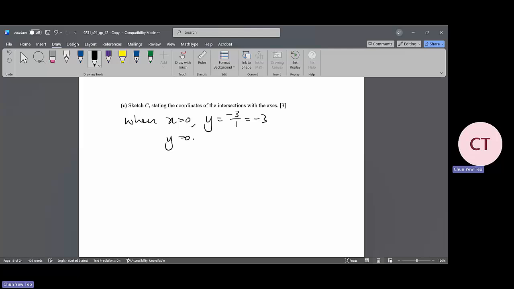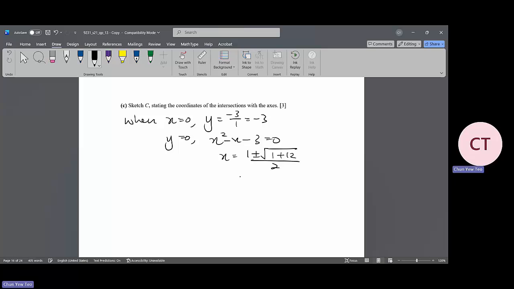And when y is equal to 0, that means your numerator is equal to 0. This one, we cannot factorize it, so we need to use the quadratic formula.